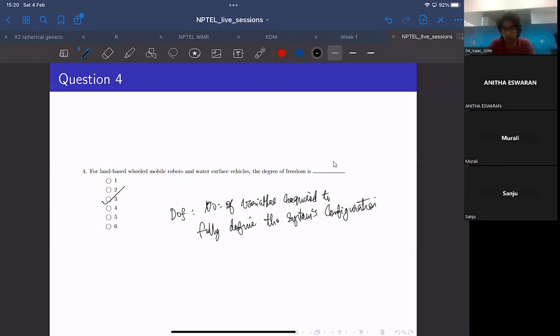So land-based robots, as you can see, can only move on land. It can only move in a plane. It cannot go up and down.